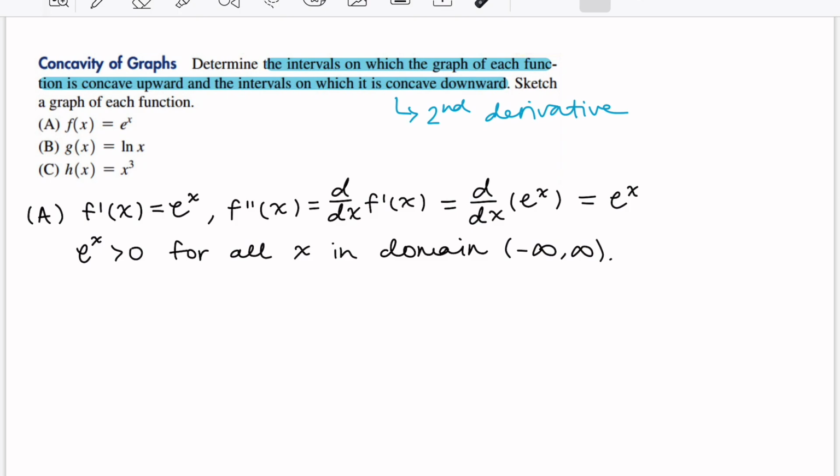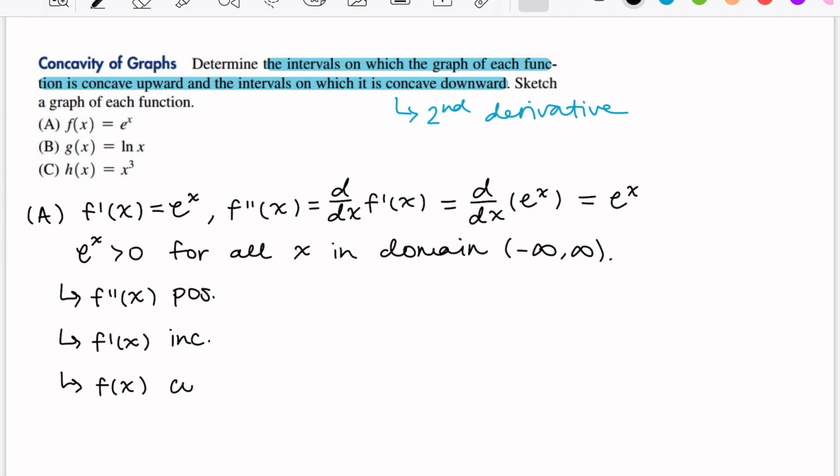Our range is 0 to infinity for this guy. So our second derivative is always going to be positive. Then this tells us that our first derivative is going to be increasing, and therefore f of x is going to be concave up. Okay.